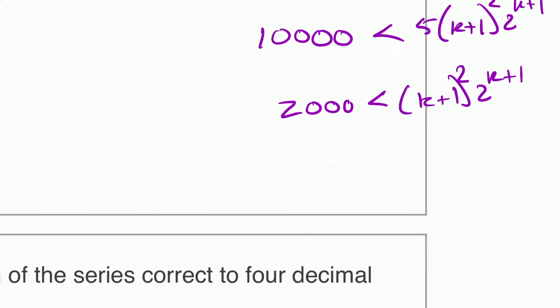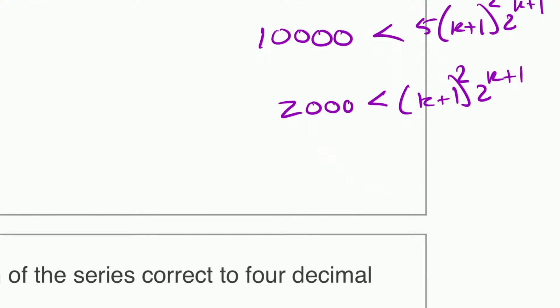So starting with 2 to the 7th, which would be k equals 6, I think this is going to be too big right off the bat, but I'm going to do it anyway. So 7 squared is about 50 times 2 to the 7th is 6,272. So that's with k equals 6.